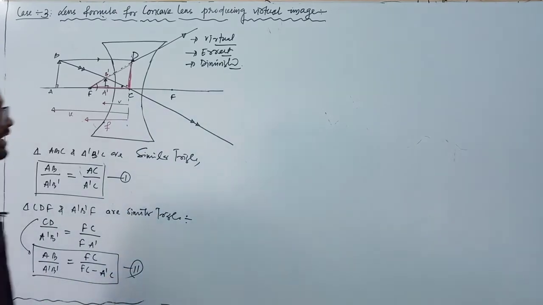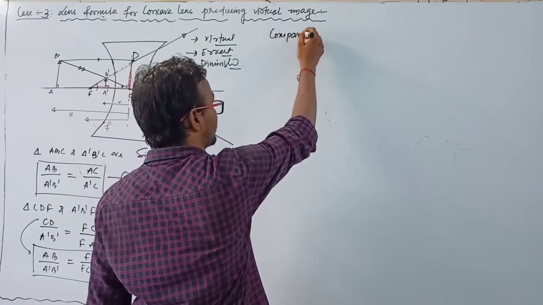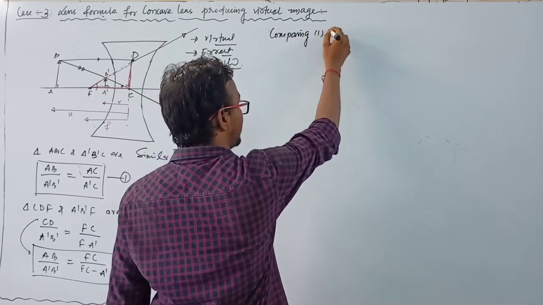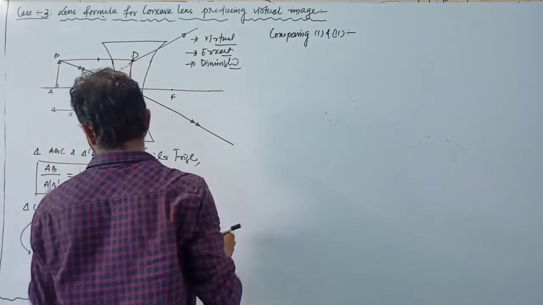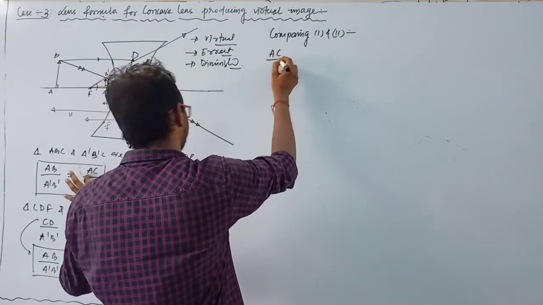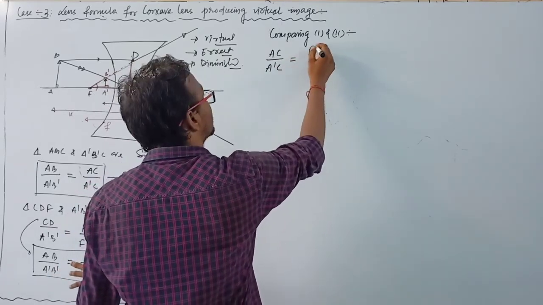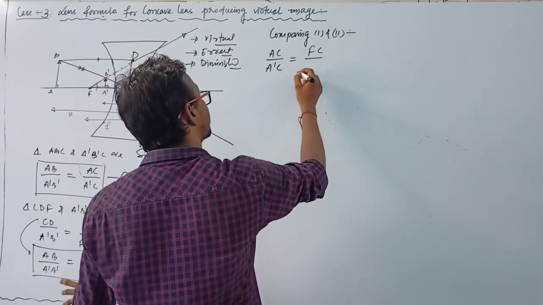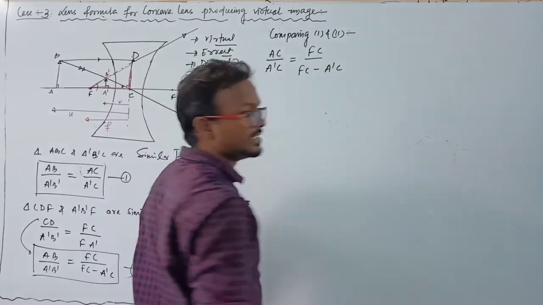Now comparing the first and second equations, the left hand sides are equal, so the right hand sides must be equal. AC divided by A'C equal to FC divided by FC minus A'C.